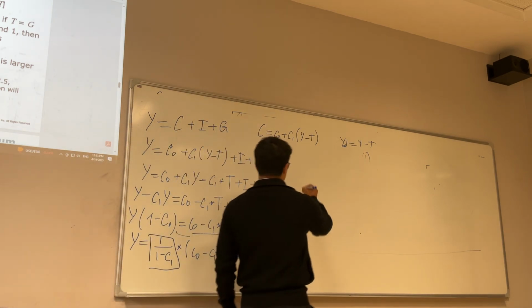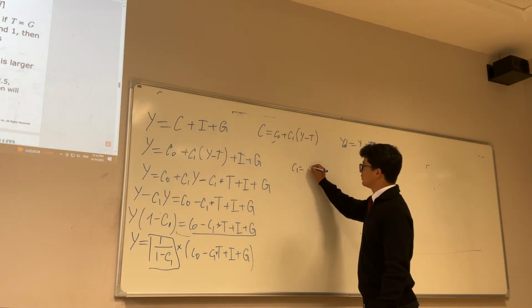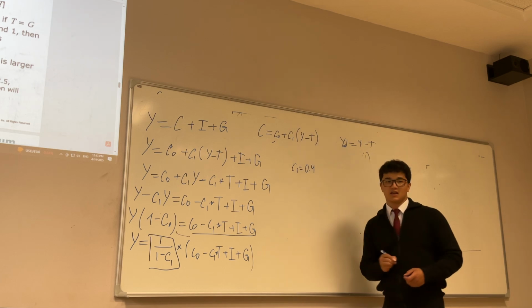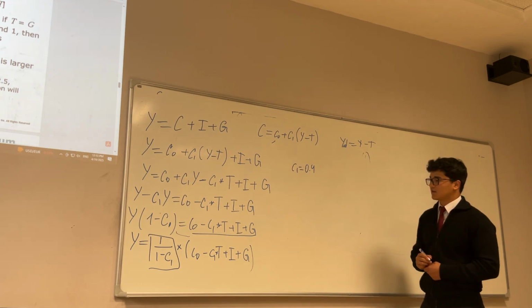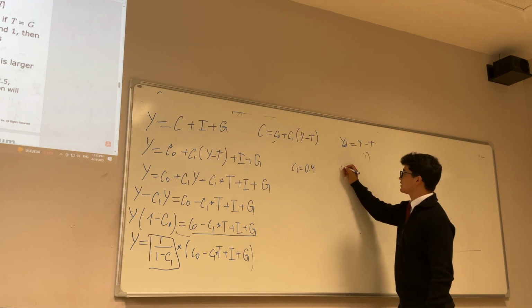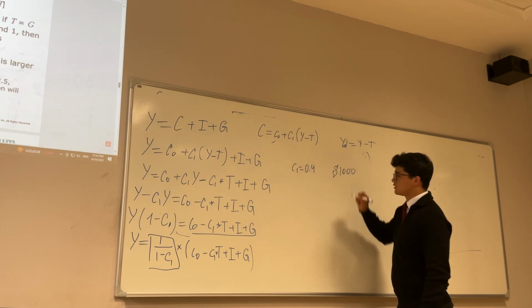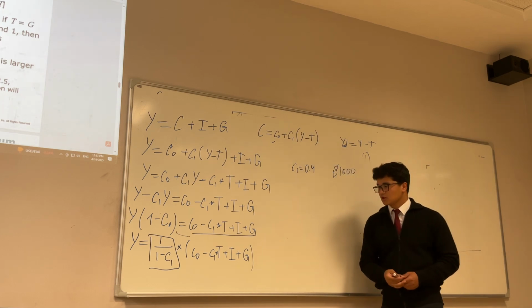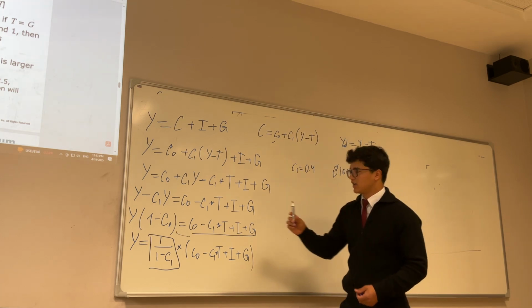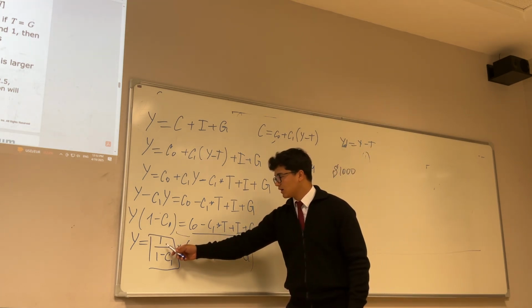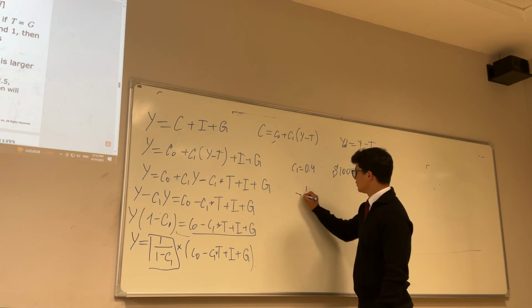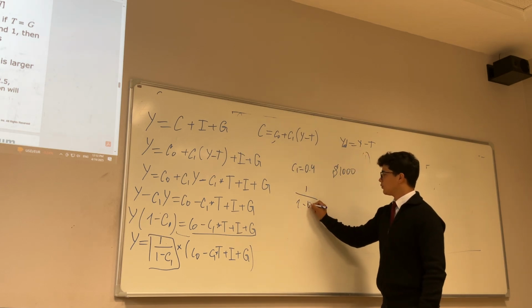Let's assume this ratio is equal to 0.4, and our government spending is increased by $1,000, holding other variables constant. So 1 divided by 1 minus 0.4.